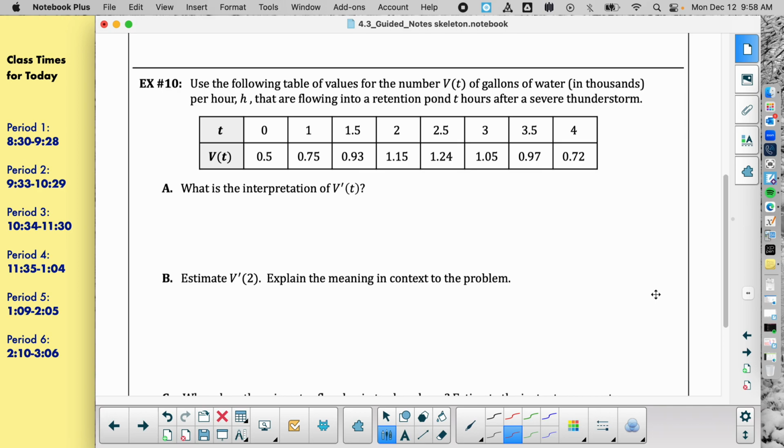After T hours of the thunderstorm, the rate of gallons increases. That's kind of already what the table itself is, because the table is already standing for gallons per hour. So V prime is going to be the derivative of that table.